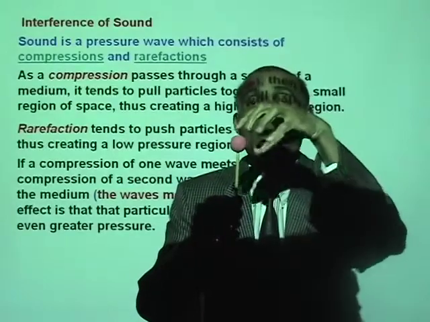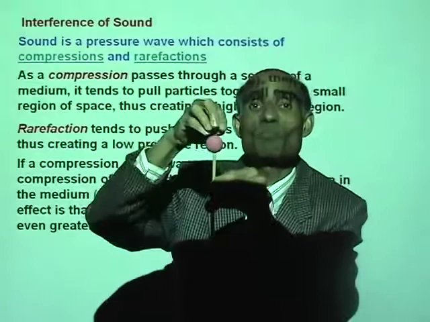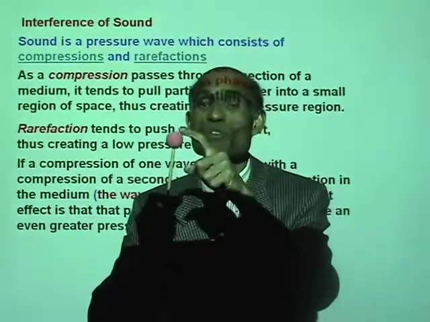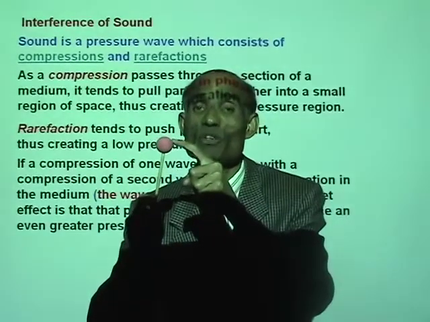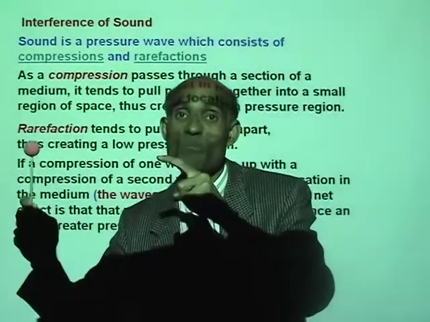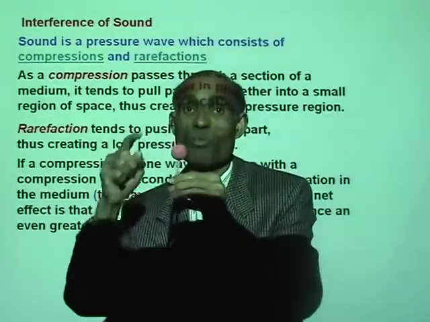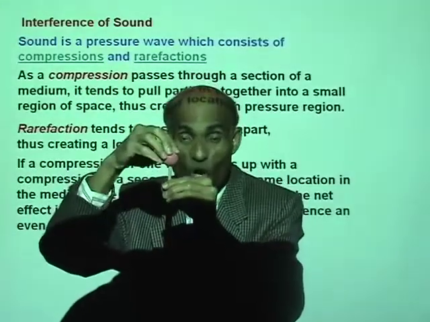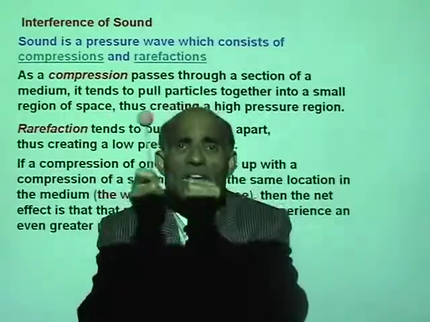And wave 1 produces a compression here. Wave 2 also produces a compression here. It means, according to wave 1, this particle is moving that way. And according to wave 2 also, it has to move that way. That means it will now move double the distance. So, if the compression of wave 1 and the compression of wave 2 fall at the same place, they two will add up, producing a bigger compression.